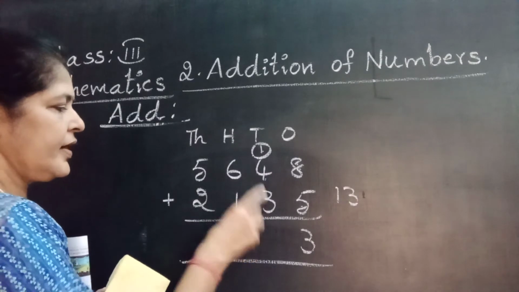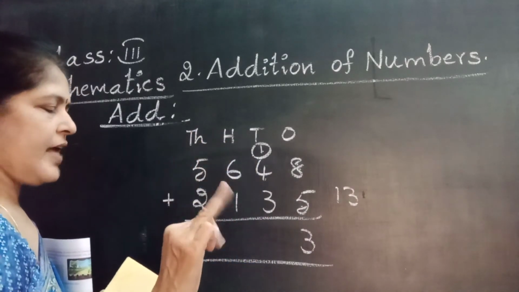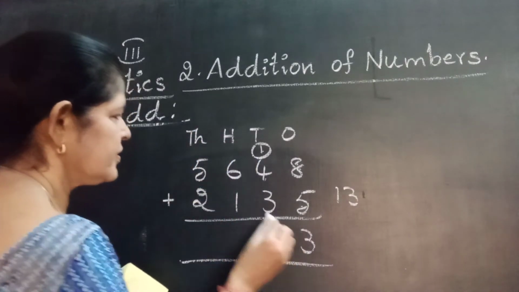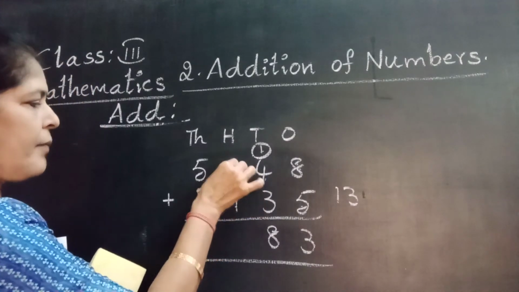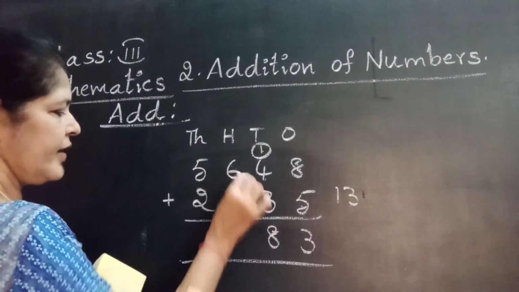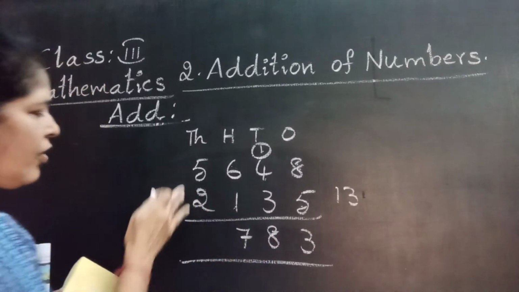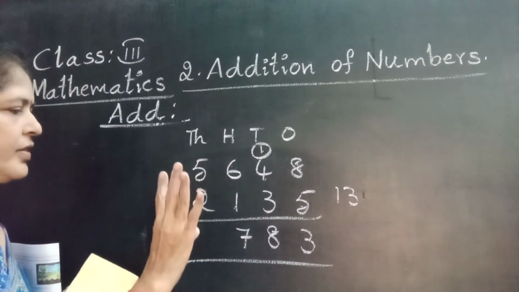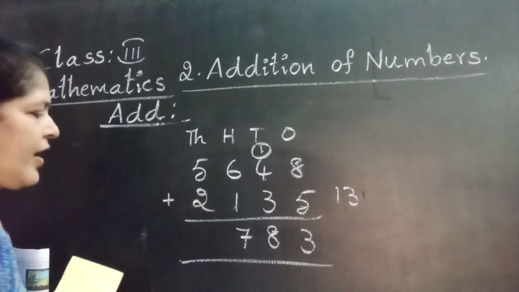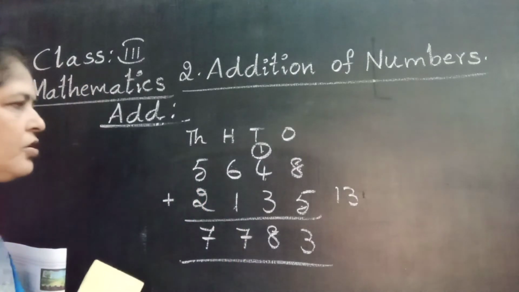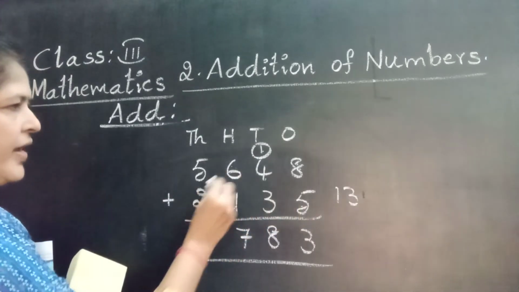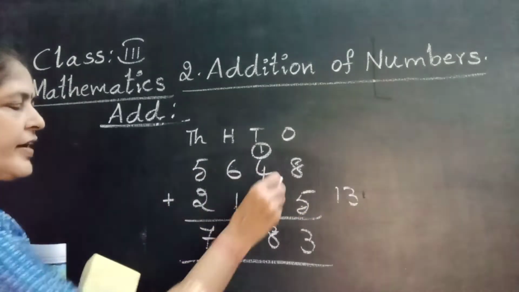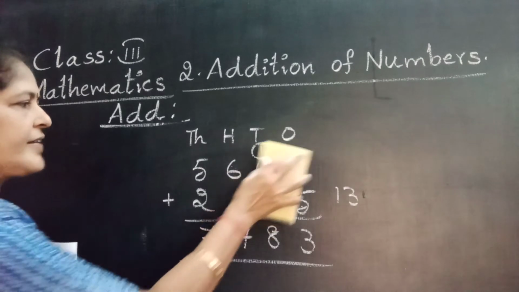And take 3 fingers. 5 after 6, 7, 8. Right in the tens place. Now adding hundreds. Number plus 1. Next number. That means 6 after 7. Now adding thousands. 5 plus 2. Take 5 fingers. 2 after 3, 4, 5, 6, 7. This is regrouping ones to tens of 4-digit numbers. Understood? Next one.